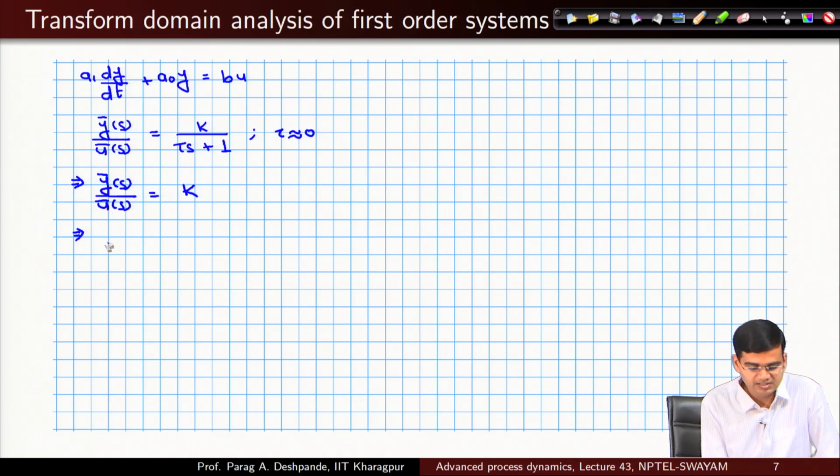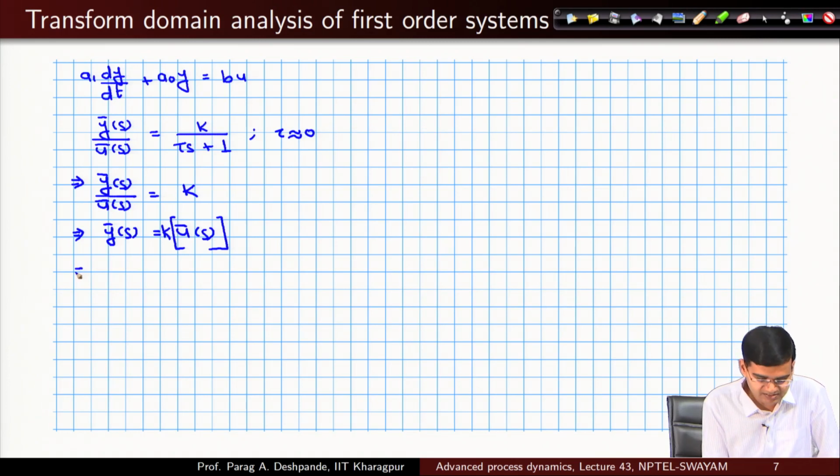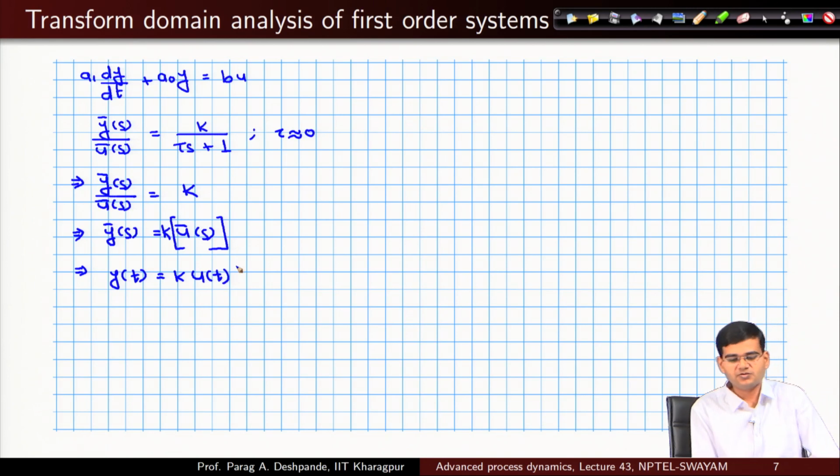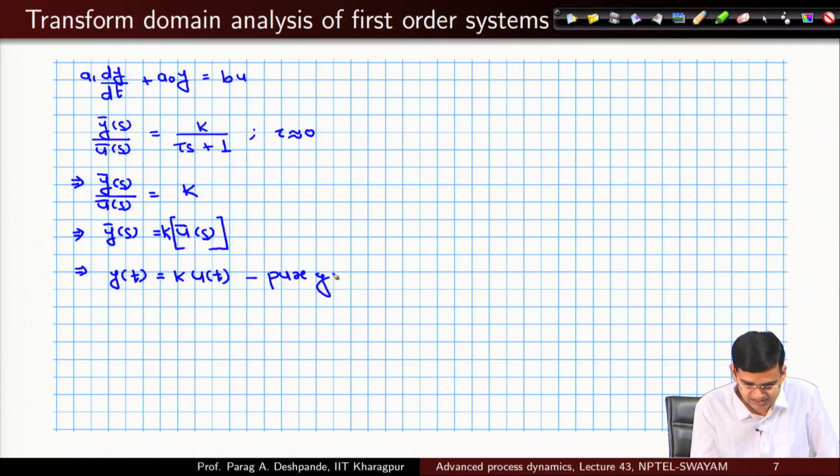Which means y bar of s is equal to u bar of s multiplied by k, which means y of t is equal to k times u of t. Okay. What is this? This is a case of pure gain system.